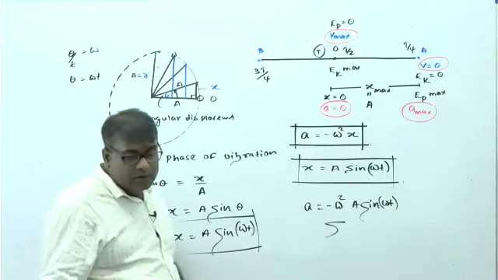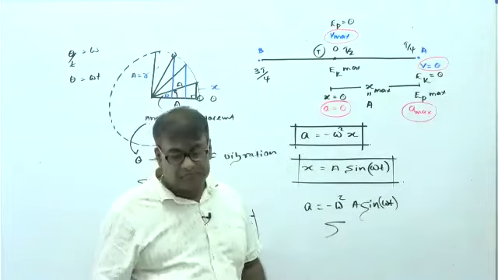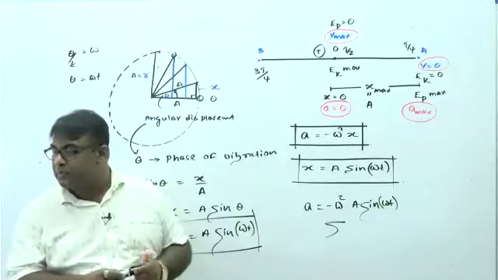Then can we write question number 35? Define simple harmonic motion. Can we write it down?